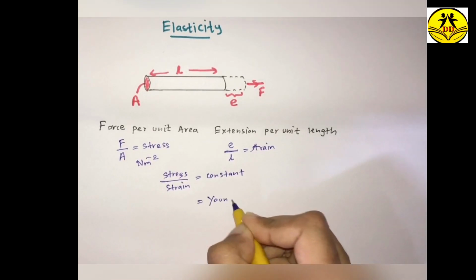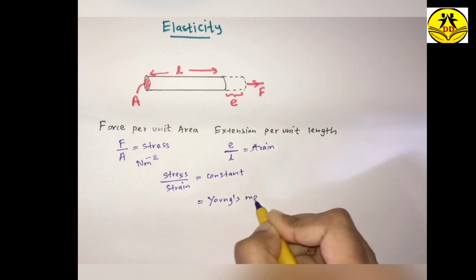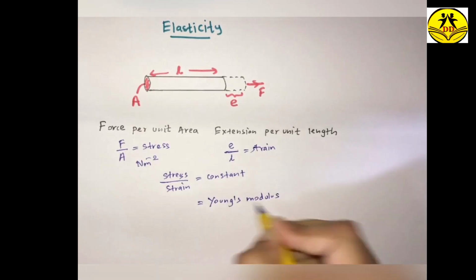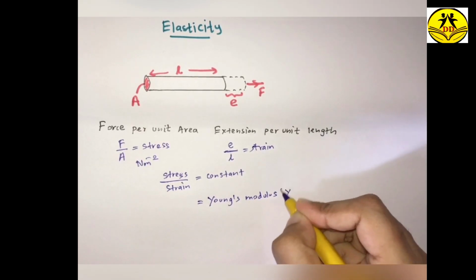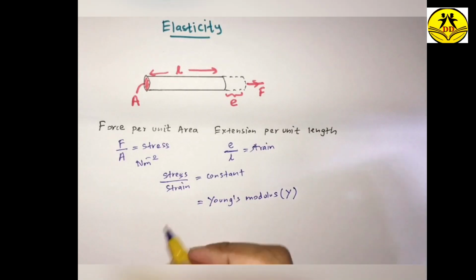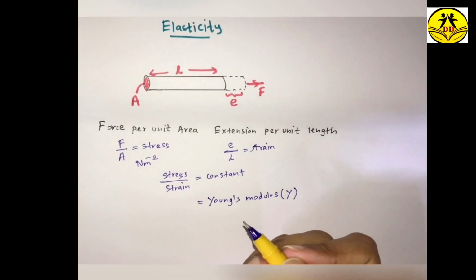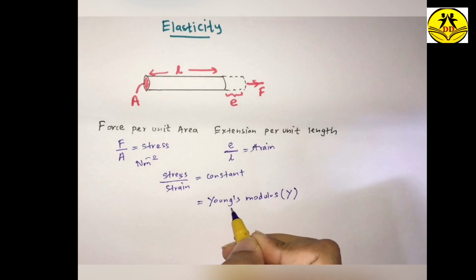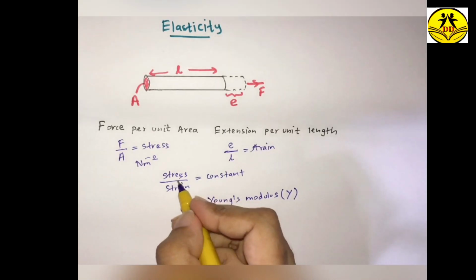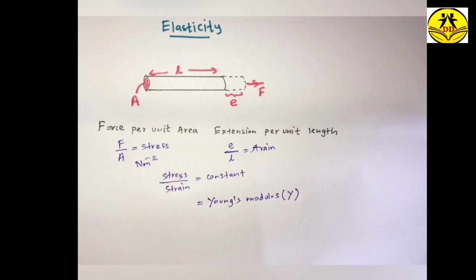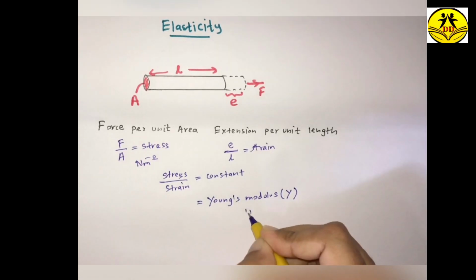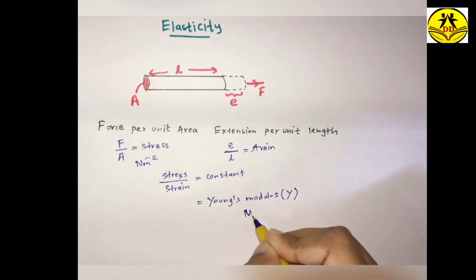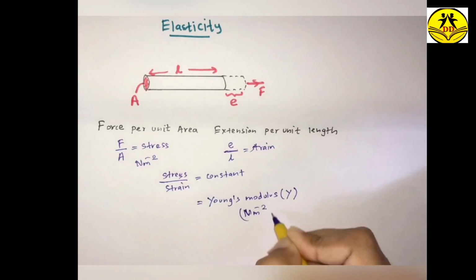It's called Young's modulus, depicted by the symbol capital Y. Since strain does not have a unit, Young's modulus has the exact units of stress, therefore the unit of Young's modulus is also newtons per square meter.